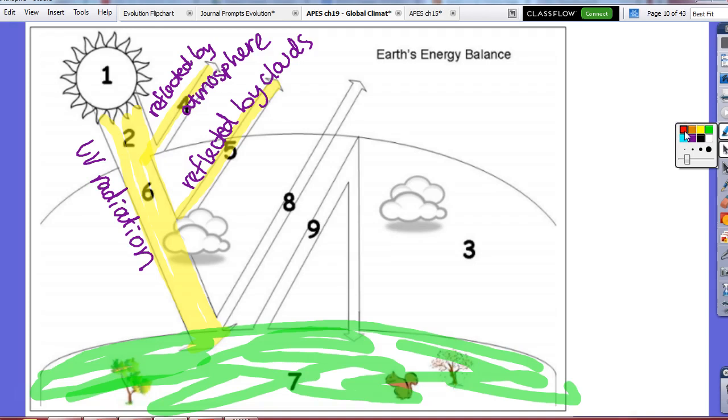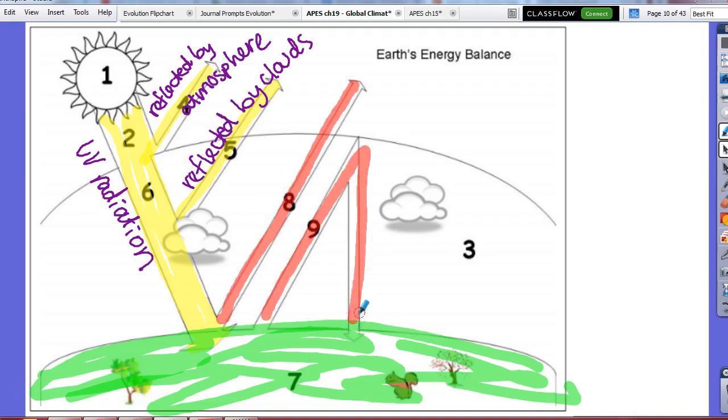All right, so the next part then is once it hits the ground, it's going to be converted into infrared radiation or heat. And so we're going to color that red. And some of this heat's going to go back to space and some of it is going to stay here on Earth.